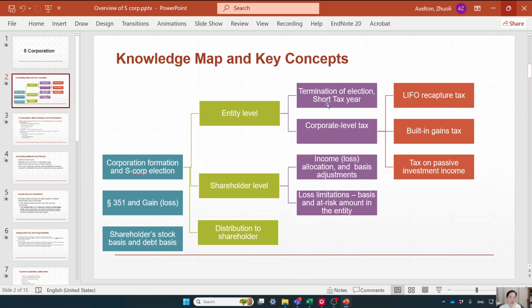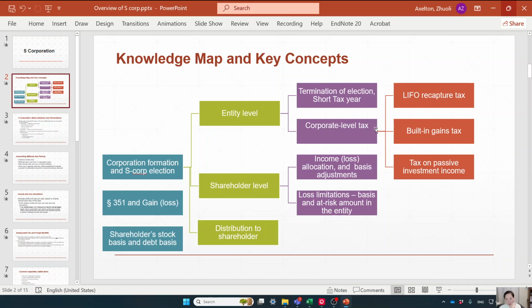Due to this hybrid nature of the S Corp, in some instances, the S Corp could incur some corporate level tax, which covers the LIFO recapture tax, built-in gains tax, and tax on passive investment income.